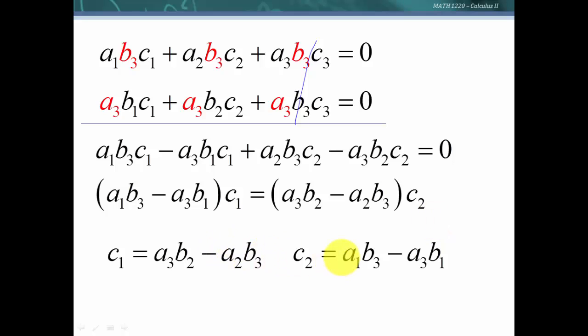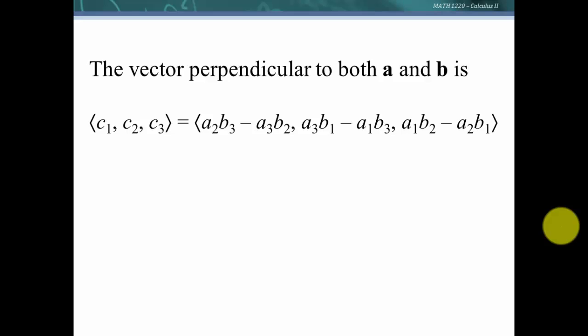Now if we took those and we substituted those back in up in one of these two equations for C1 and C2, it's a lot of just algebra, but we could find C3, and this is what we find that C3 equals. So let's take these three components for this vector that's orthogonal to both A and B, and they would look like this.